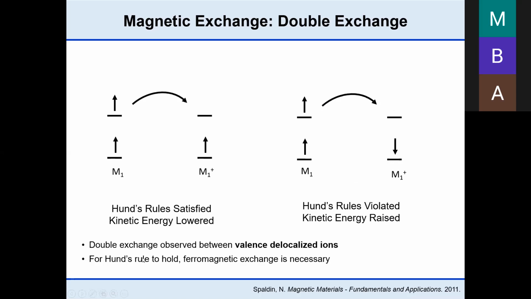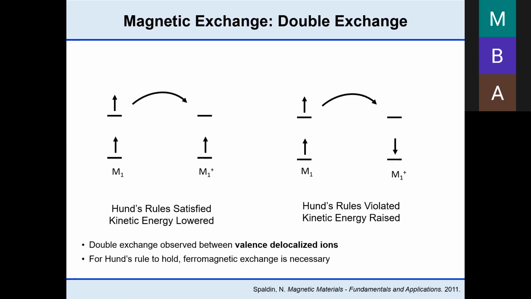And so for Hund's rules to hold, we need a ferromagnetic arrangement of these spins, which means that double exchange generally gives us a ferromagnetic exchange interaction. There are other exchange mechanisms that we went over, namely direct exchange, where we don't proceed through a bridge and don't necessarily have to have different oxidation states.